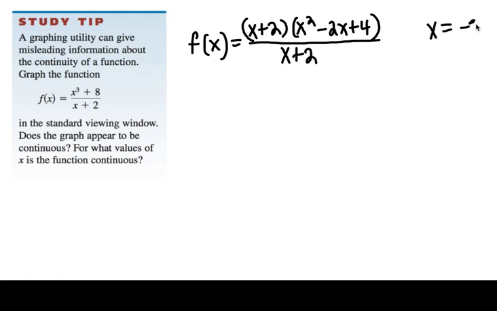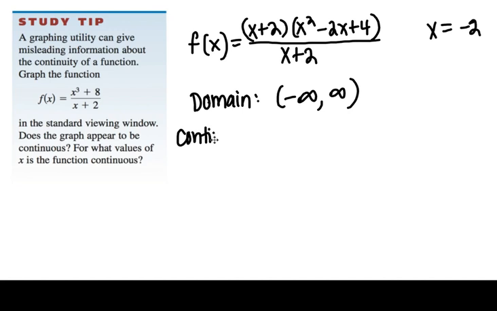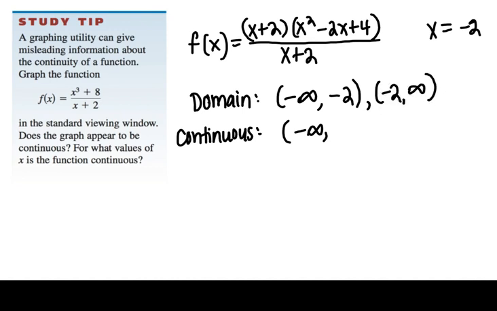X cannot equal negative 2, so the domain of this rational function is not negative infinity to positive infinity, it's negative infinity to negative 2, negative 2 to infinity. And it's continuous over that same domain.